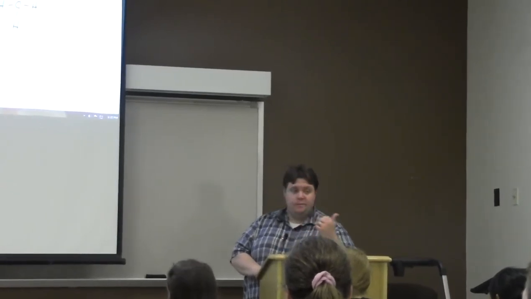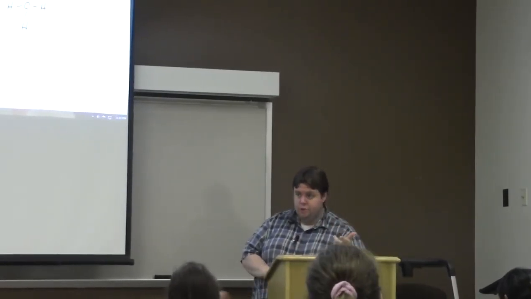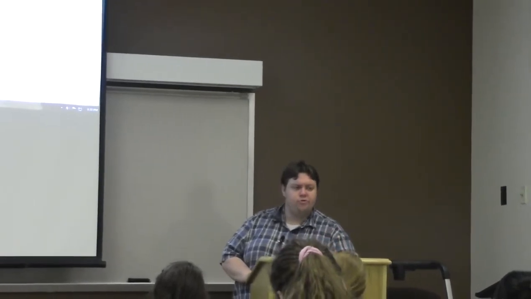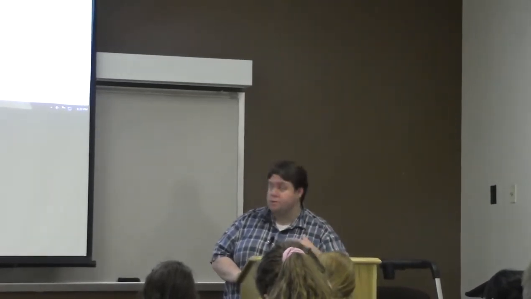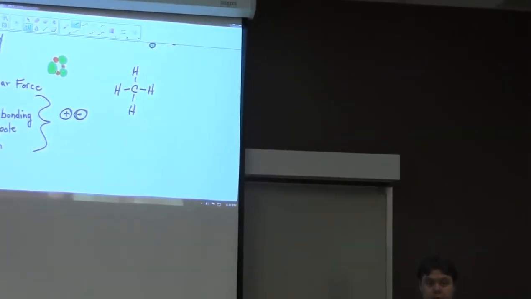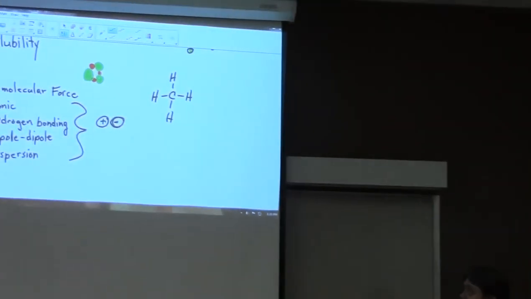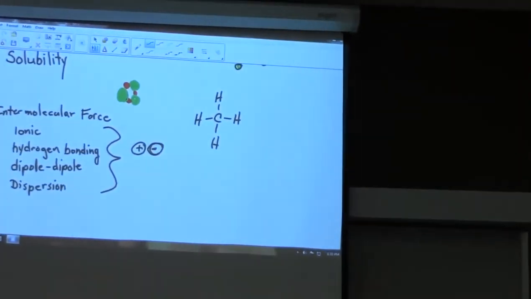Right, the hydrogen needs to be bound to either nitrogen, oxygen, sulfur, and the halogens too, I think. Okay, but the big ones are nitrogen and oxygen, for our purposes. Do we have any of those elements present here? No. So can it be hydrogen bonding holding them together? No.